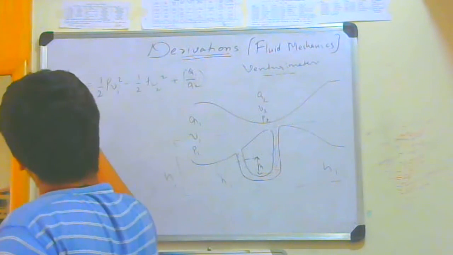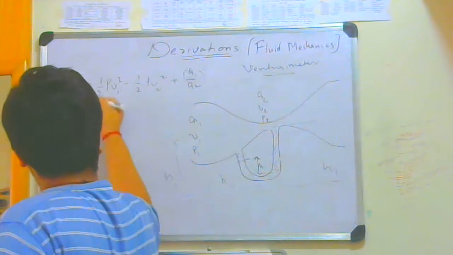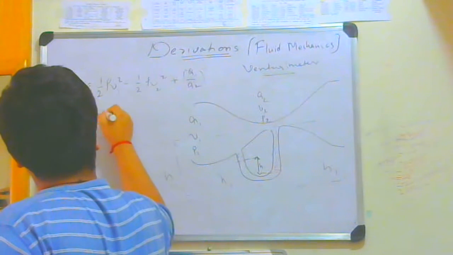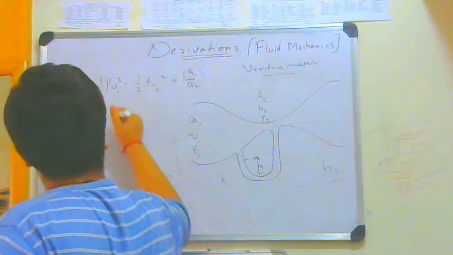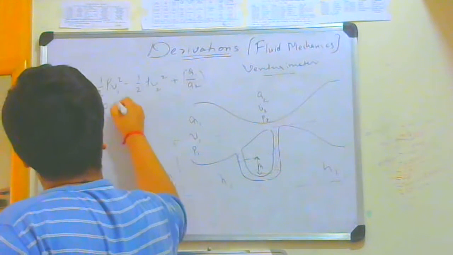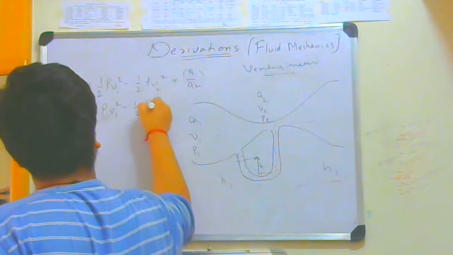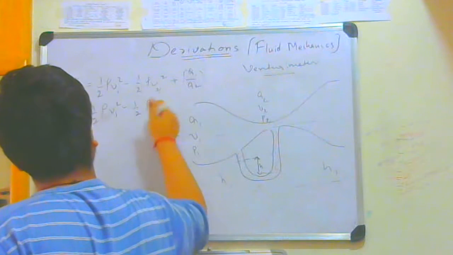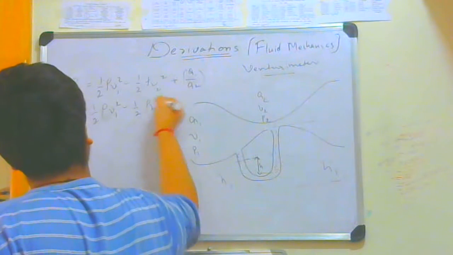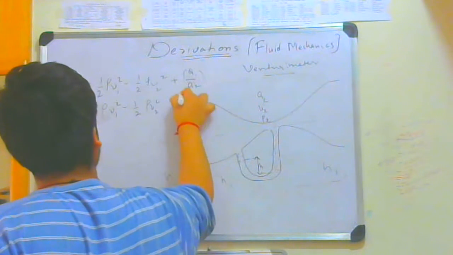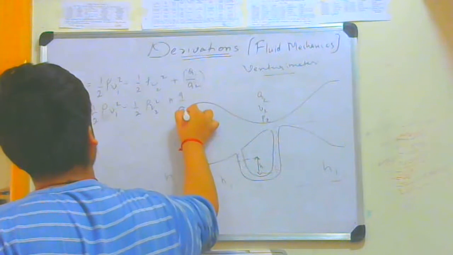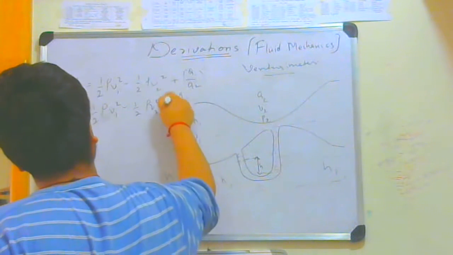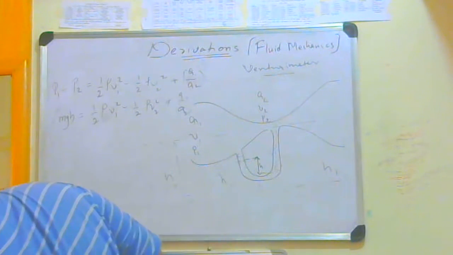So यहाँ पे rho mgh आएगा. That is equal to half rho V1 square minus half rho V2 square plus A1 upon A. ठीक है?